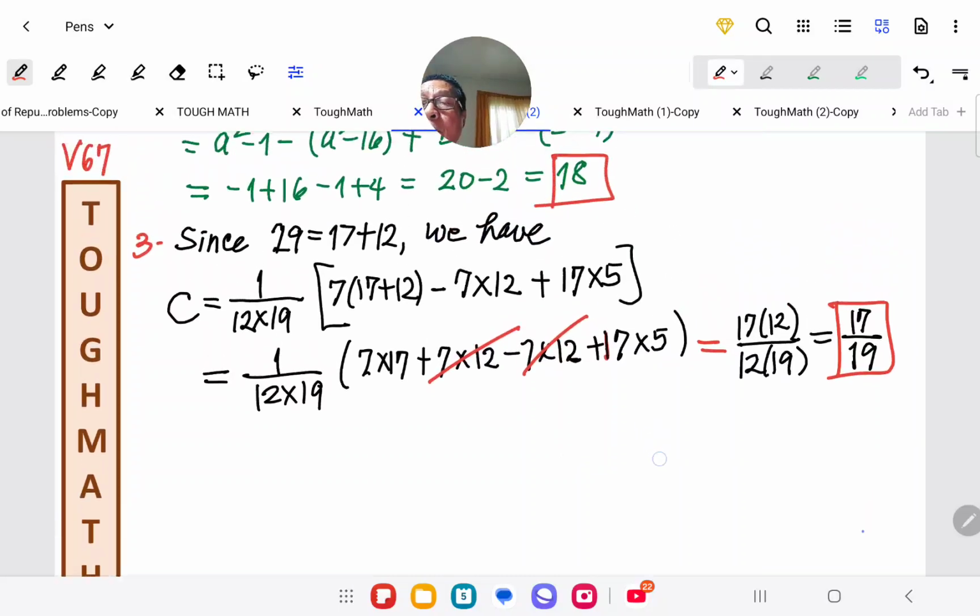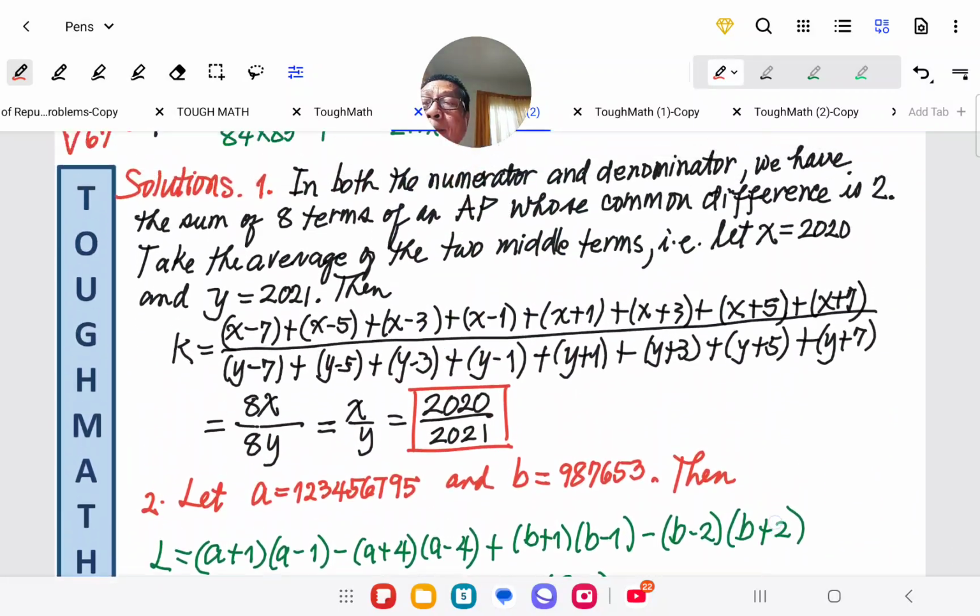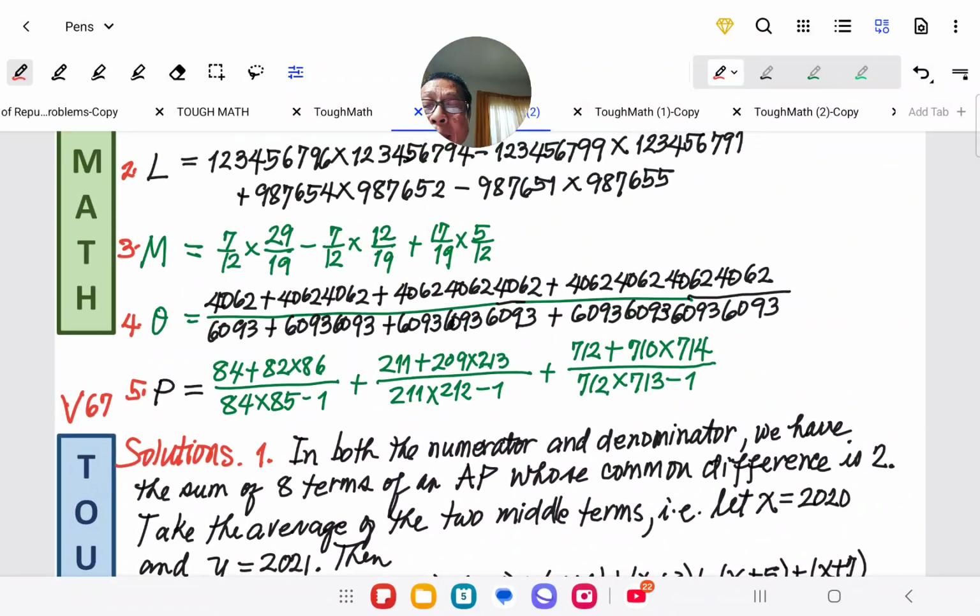And then the fourth is, okay, that number 4062 is repeated in the numerator, and 6093 is repeated in the denominator.